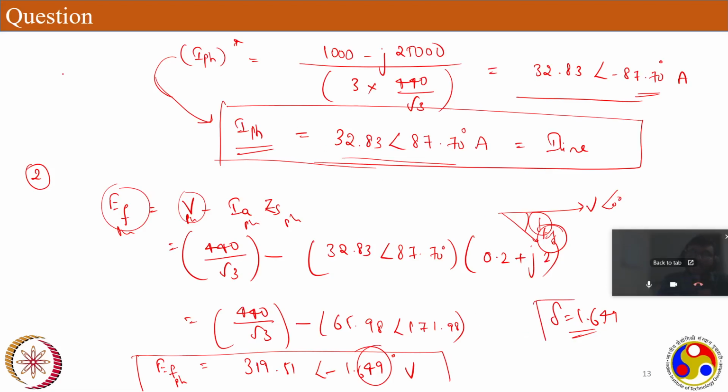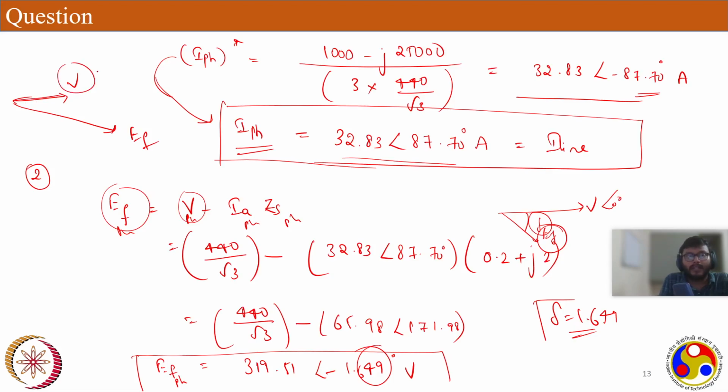Over excitation or under excitation is decided based on the length of EF and V. Here the V per phase phasor is 440 by root 3, which gives 254.03 at an angle of 0 degrees. And EF you got as 319.51 at an angle of minus 1.649 degrees. So EF length is more than V. That's why it is an over excited machine.